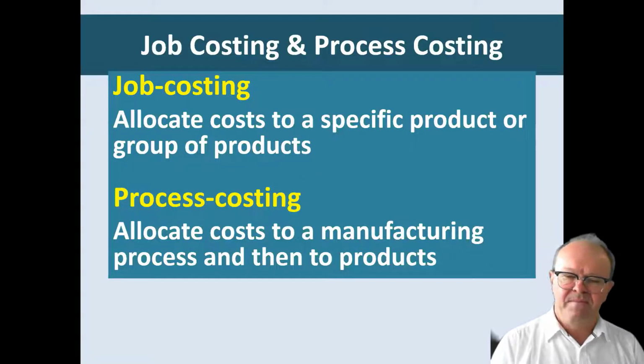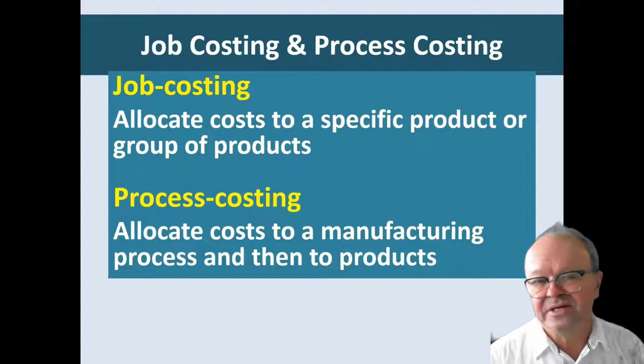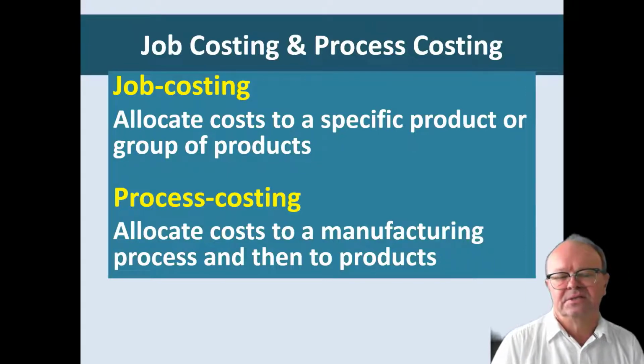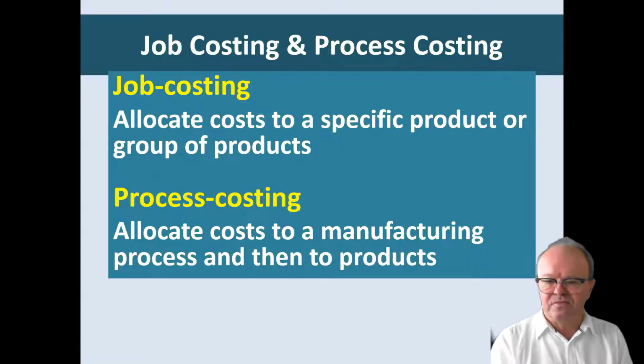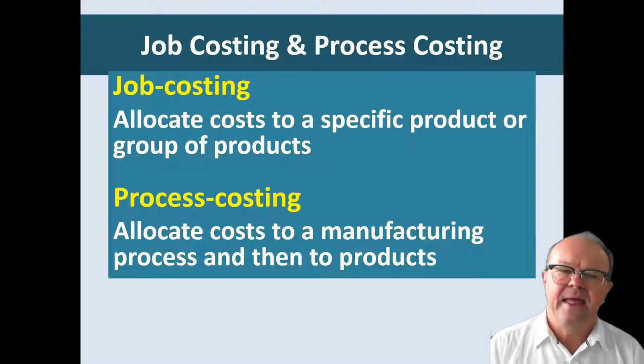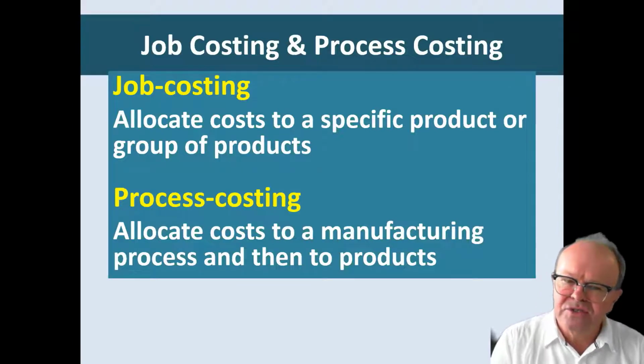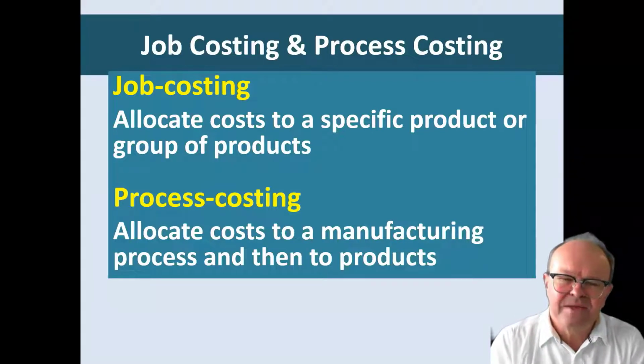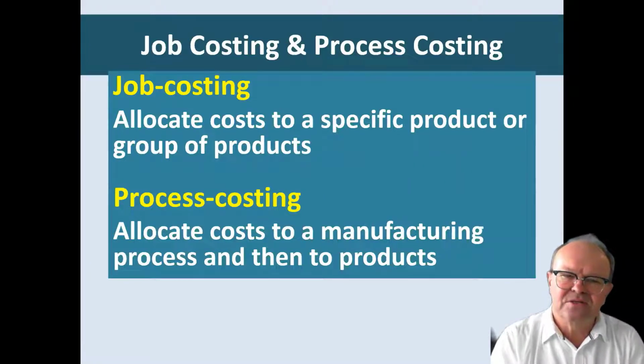Or we might be making a few very similar products, perhaps half a dozen, sort of specialist cars of some sort. We might make a little batch of them, and then we might allocate the cost to that little group of products. The same thing applies when we're creating services too, but we'll look at products because they're simpler to think about.